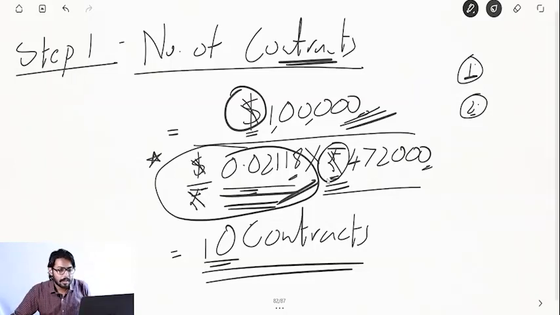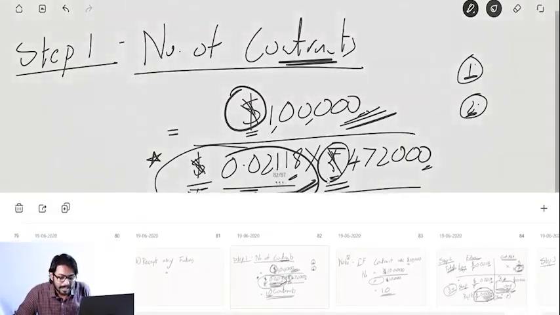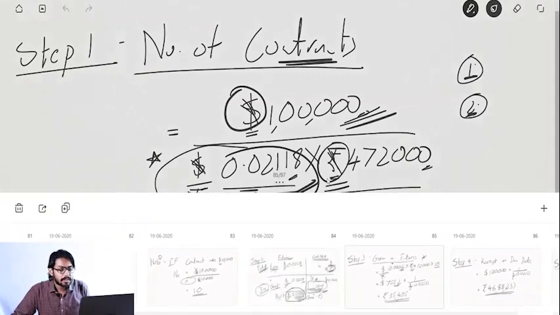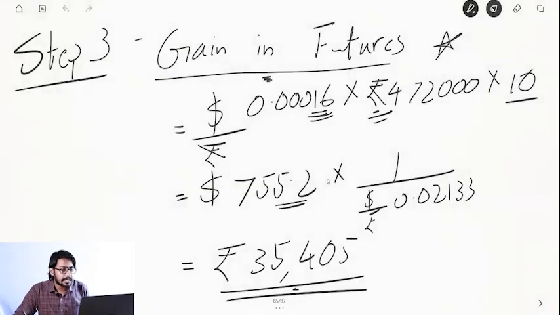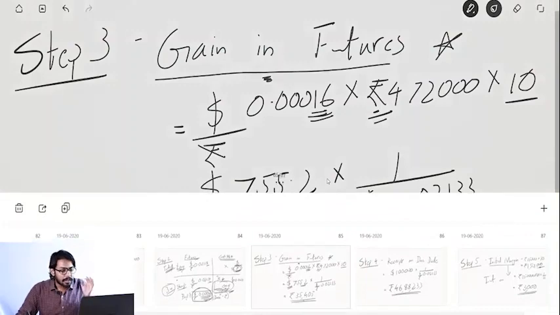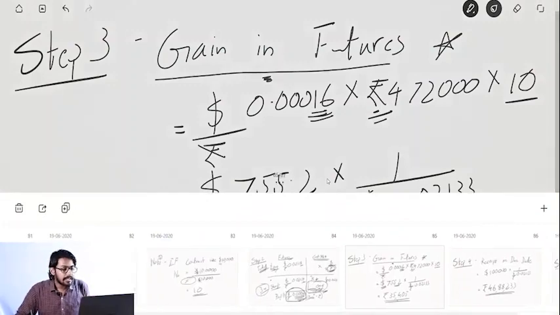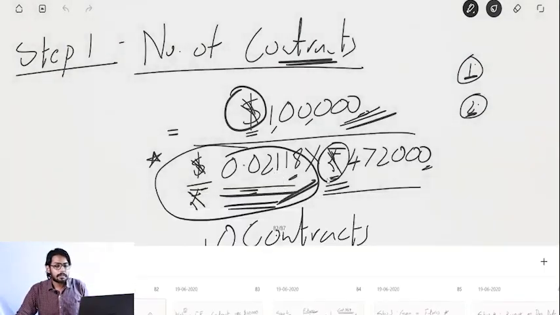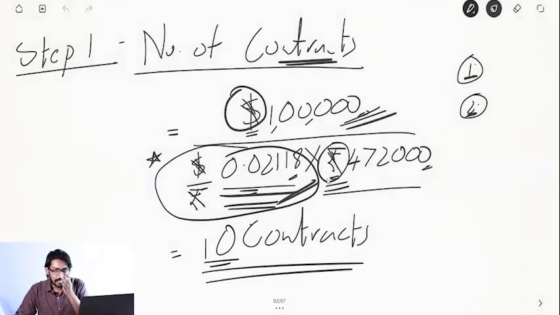Point number 2: make sure that the currencies cancel each other out. We have done that over here also. We checked that the currencies are cancelling each other, and we found out that the gain was in dollars. So always check. That's why I keep telling you, use the currency symbol for each figure.